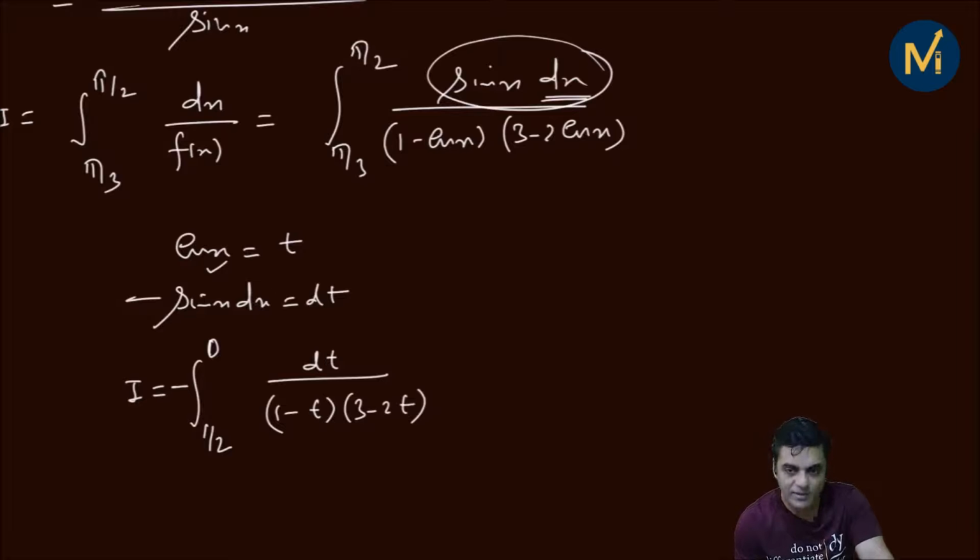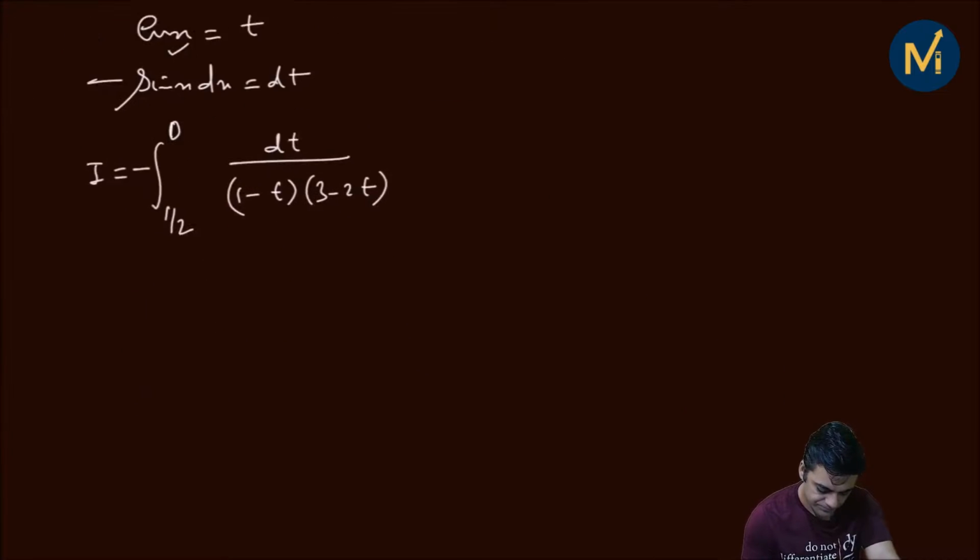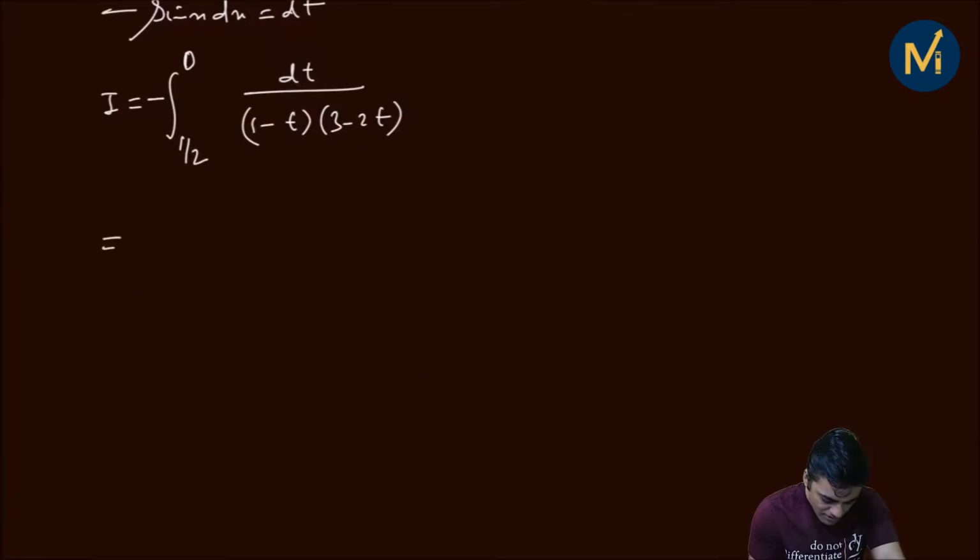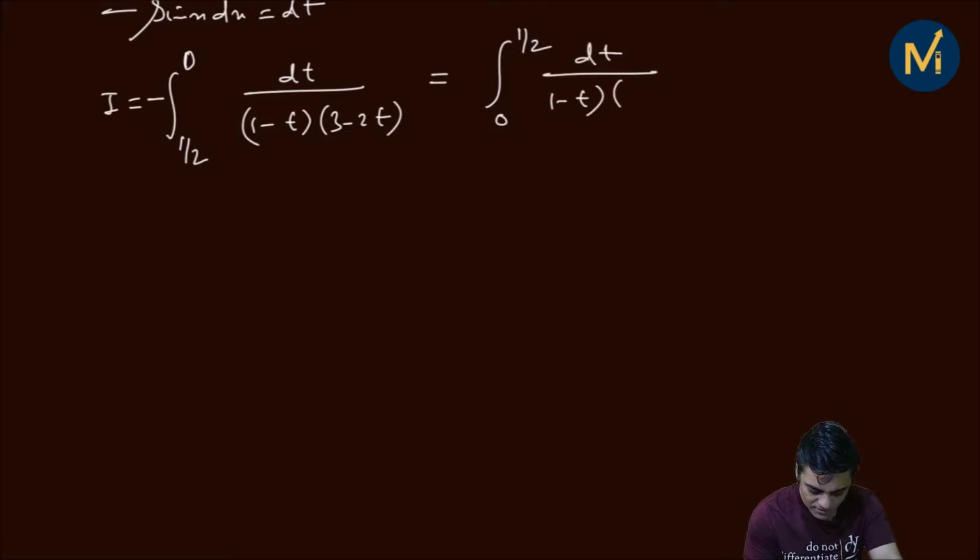And now we can apply partial fraction. Or you can write even this as 0 to half dt upon (1 minus t) times (3 minus 2t).